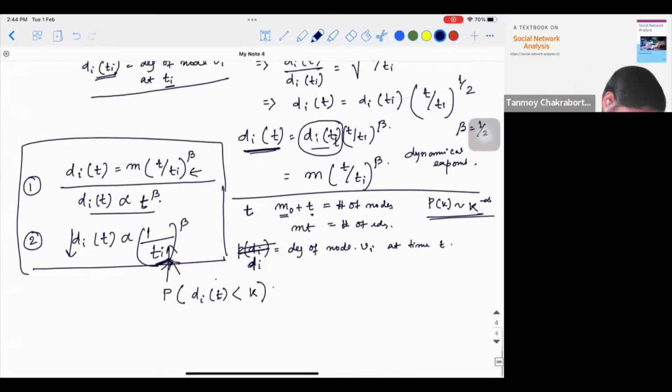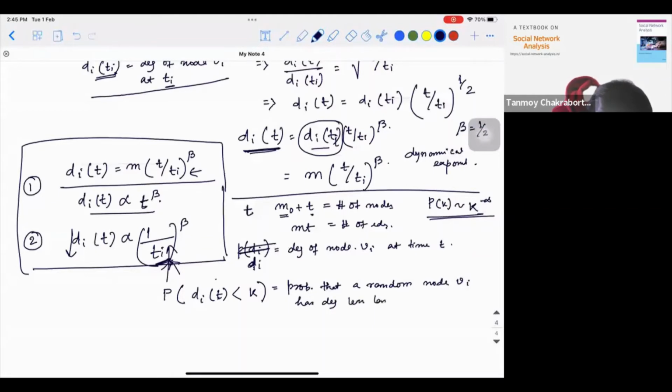It means that this is the probability that a random node vi has degree less than k at time t.